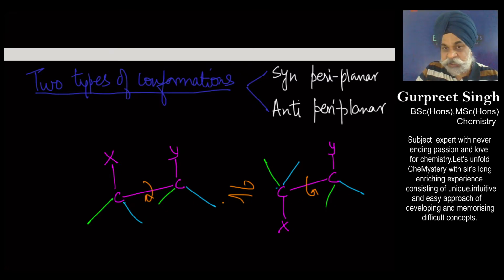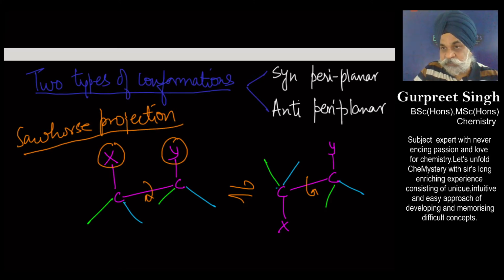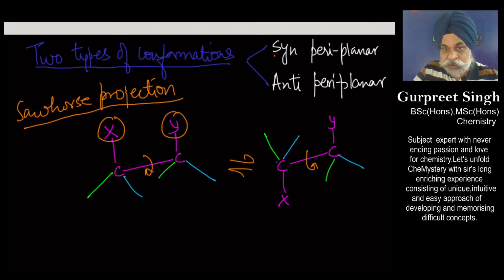Now, if this X and Y, which is shown in the diagram, is nothing but a sawhorse projection of the three-dimensional molecule, this is the way to represent it on the slide. If X and Y are on the same side, we say it is syn. This is called syn conformation. When X and Y are almost opposite to each other, we say it is anti.